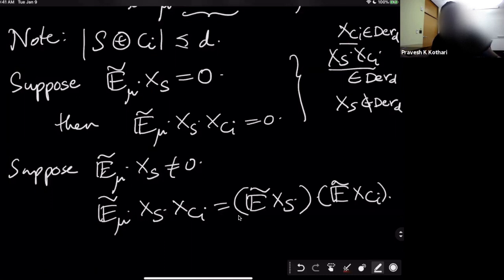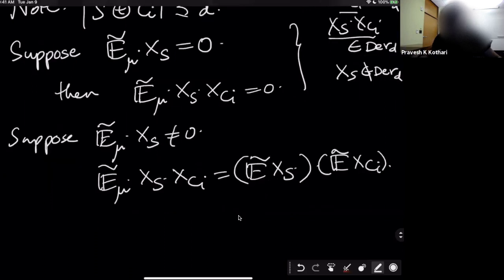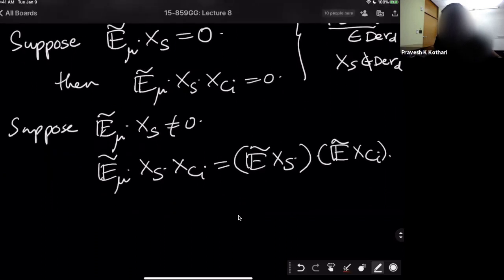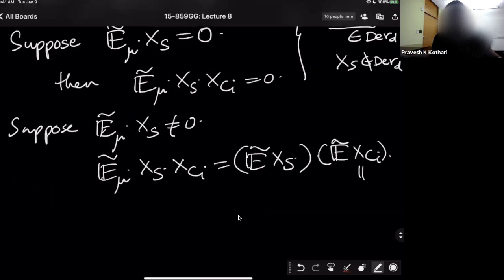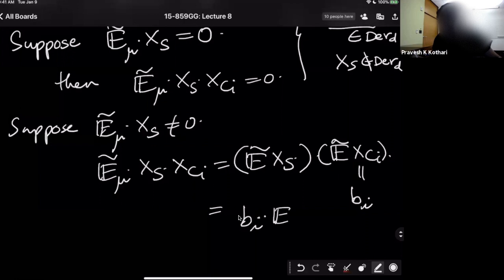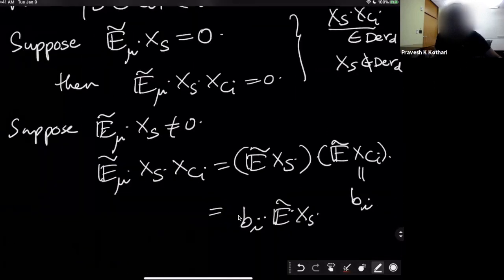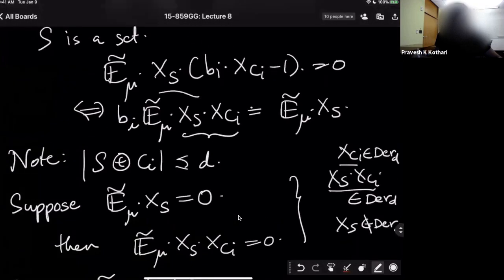Remember this? Good. Now we are done, because what should this be? Well, x_{C_i} equals b_i is a constraint, so the pseudo expectation of x_{C_i} must be b_i, right? So we have proven that this monomial has value b_i times the pseudo expectation of x_s. And now we are basically done, because b_i squared is 1. So we are done.